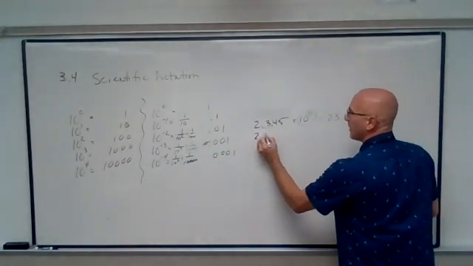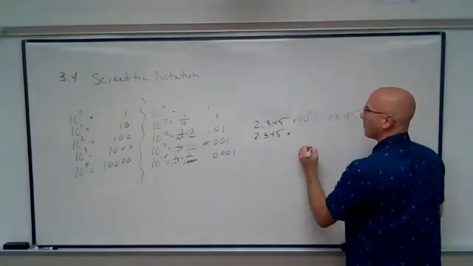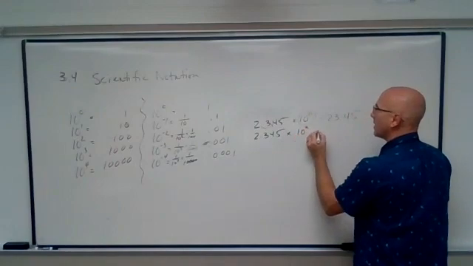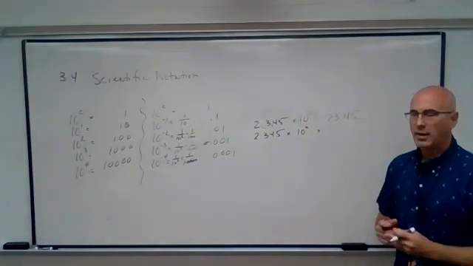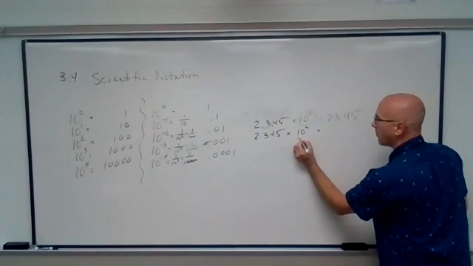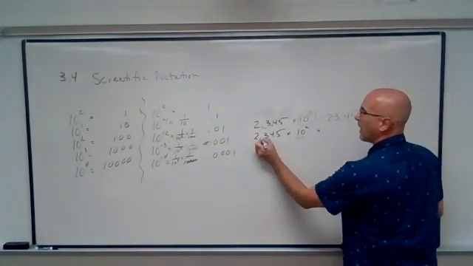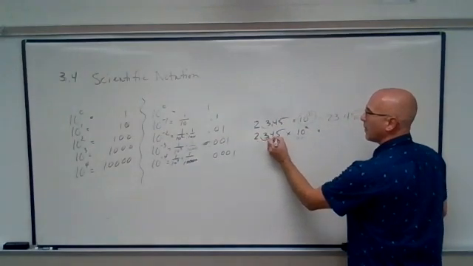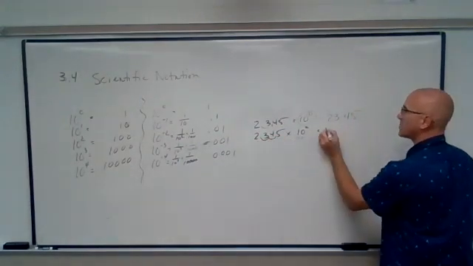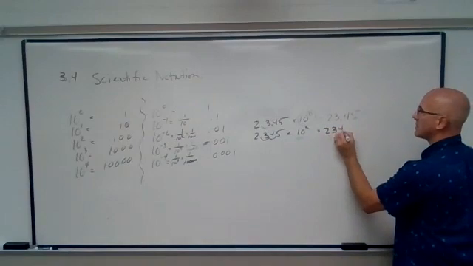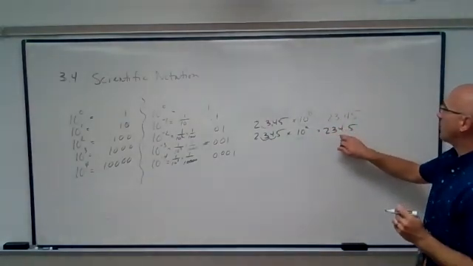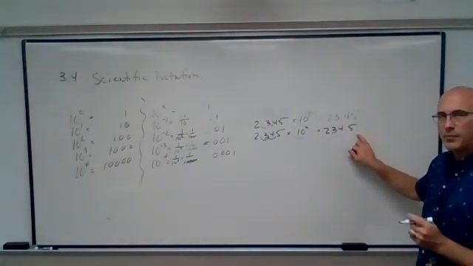Let's say we multiply the same number, 2.345, times 10 to the second power. Now this 10 to the second power we know is the same as 100. When we multiply a number by 100, we move the decimal place over 2 places. So we get 234.5.